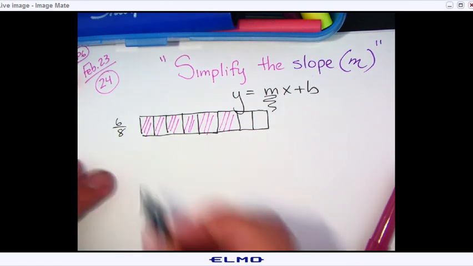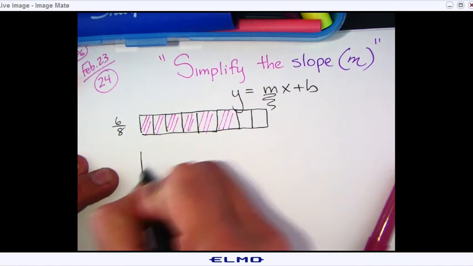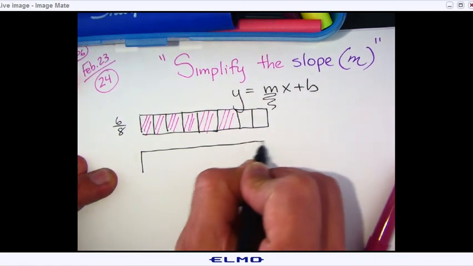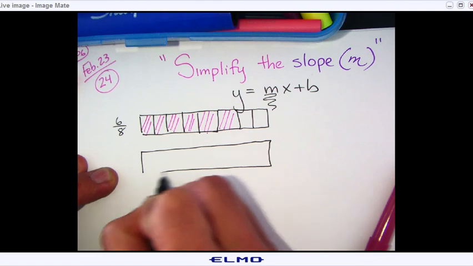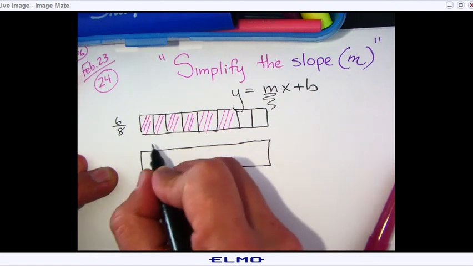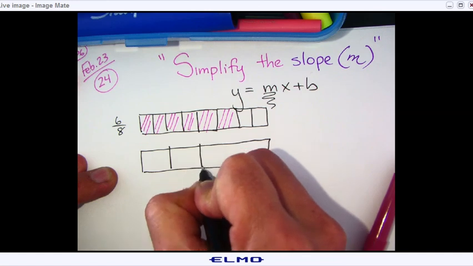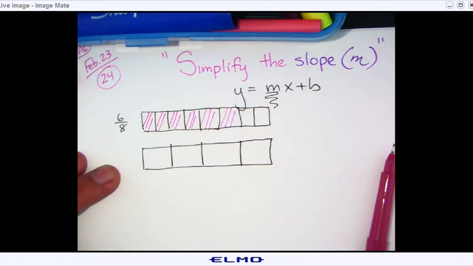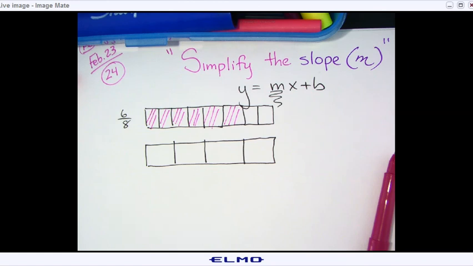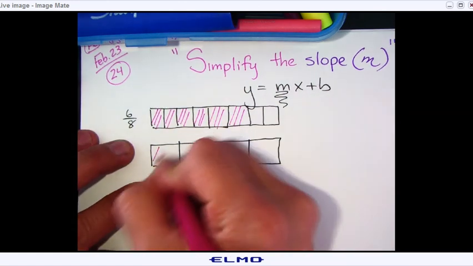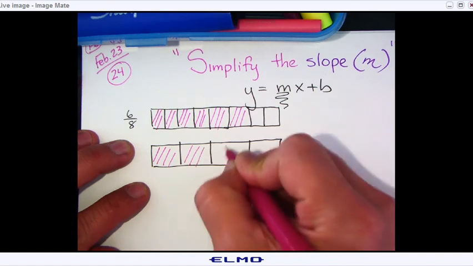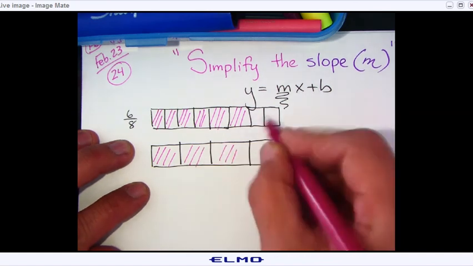Now, if I draw another one, and I just have these right here, and I colored the same amount, right?